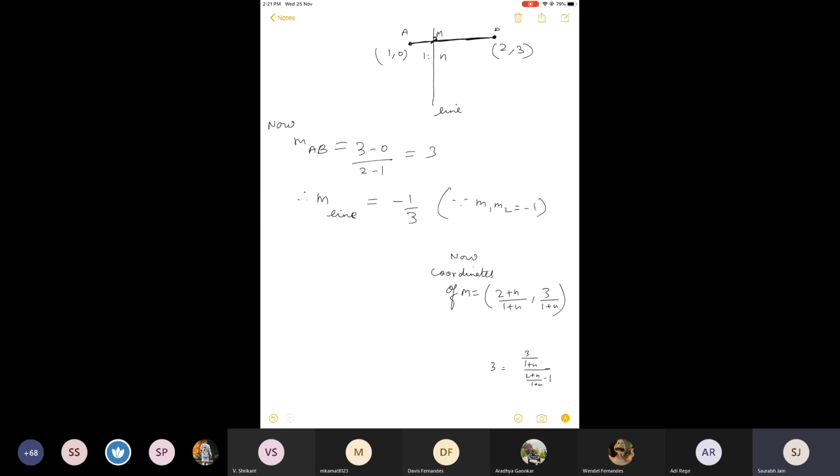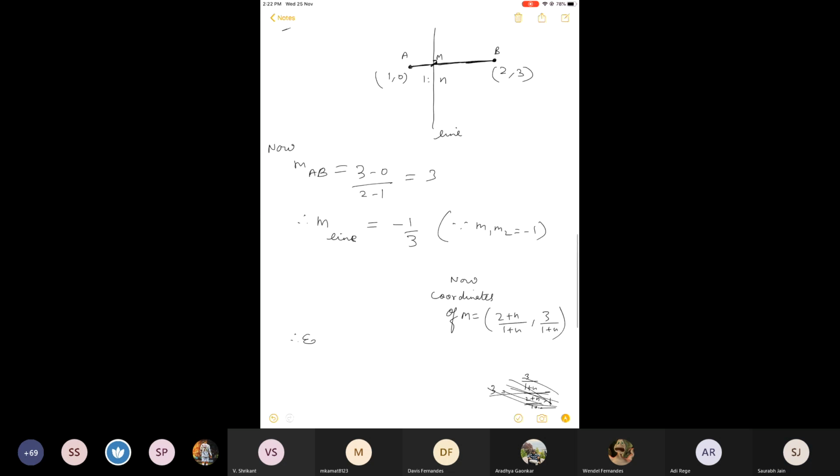Yeah, this is right. So we have the coordinates of M and we have the slope of the line, -1/3. Therefore, the equation of the line will be, using point slope form, y minus y1 equals -1/3 into x minus x1.